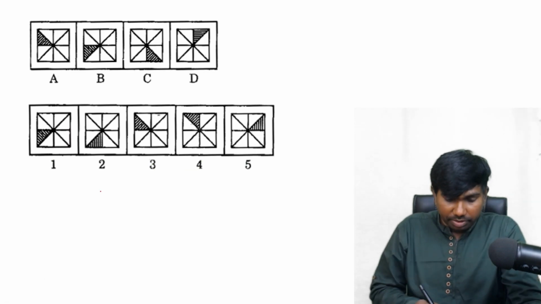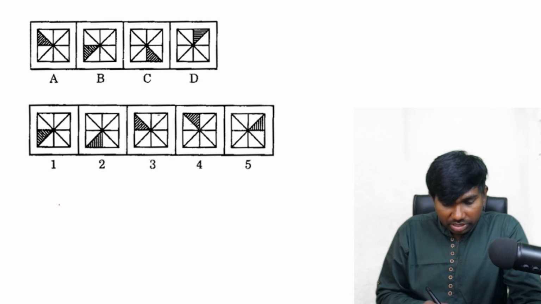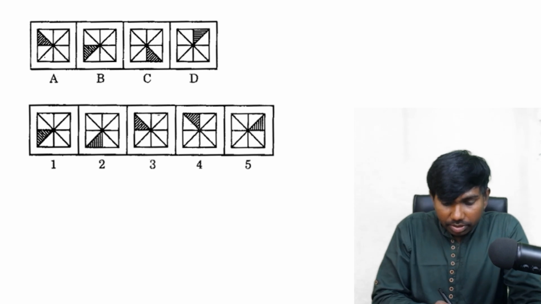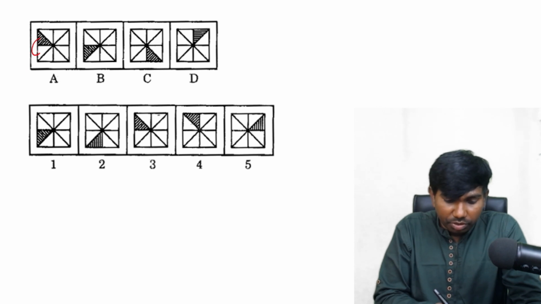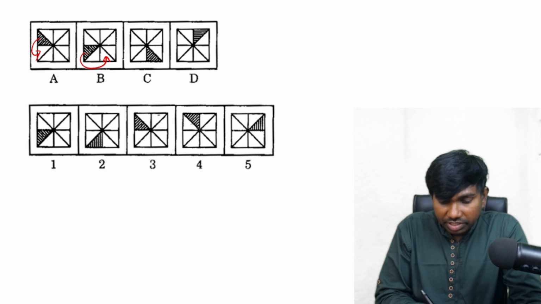Yes. Next one. Shading. The total box is divided into 8 equal parts, and the shading is shifting its position from here to here, +1, right? From here to here it is shifted 1, means here to here 1, and here to here 2, +2, +1, +2.